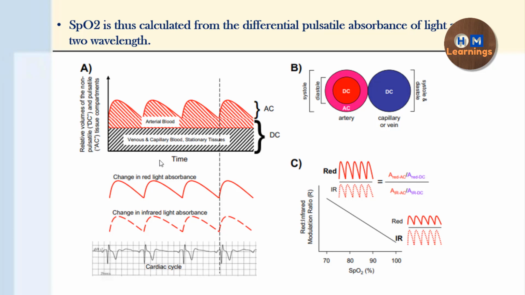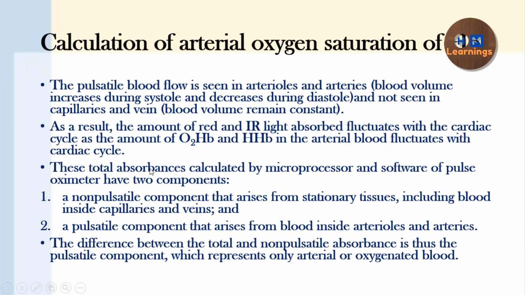And that is how the pulse oximeter comes to know that the total absorbance has two components. One component shows the pulsatile pattern, in which the absorbance fluctuates, but there is another compartment in which the absorbance remains the same. So what does the pulse oximeter do?